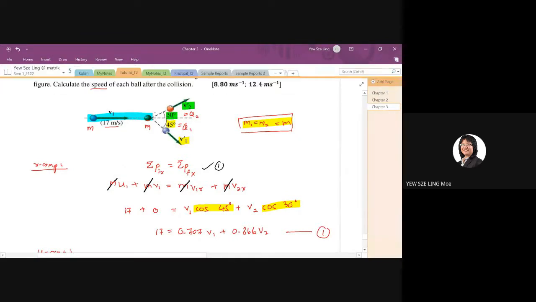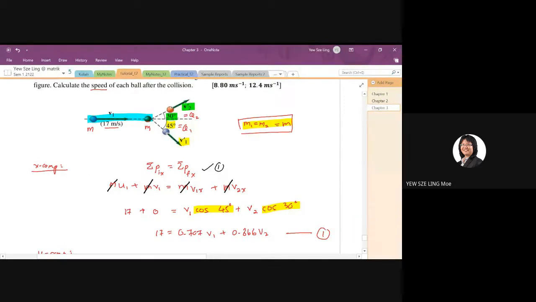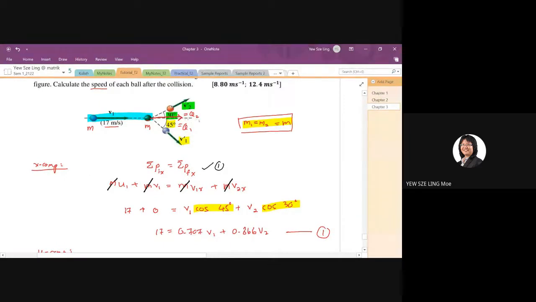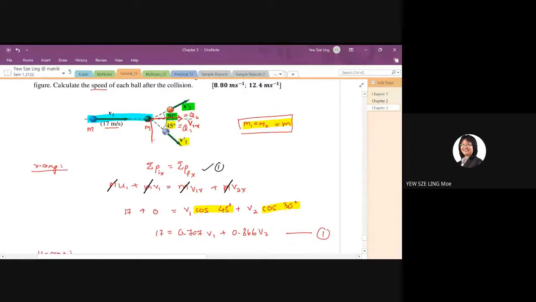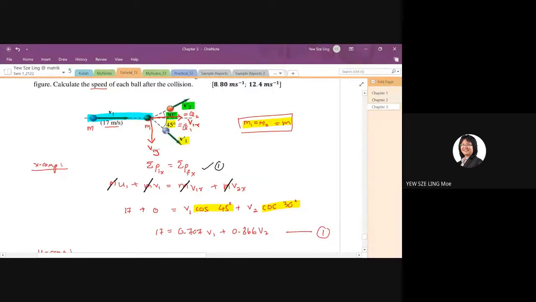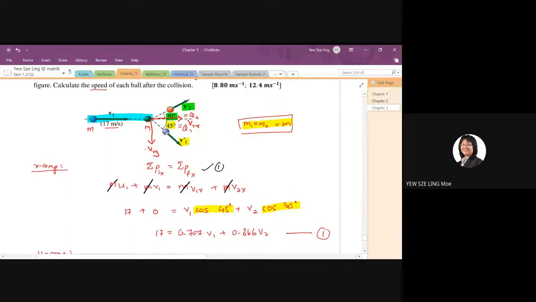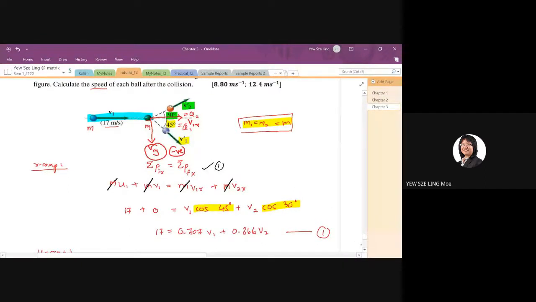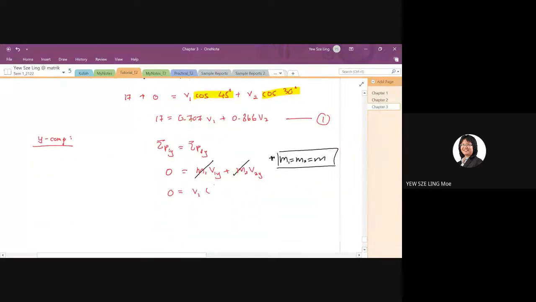I will get an X component going towards the right-hand side, V1x, and then a Y component going down. Which means this V1y is a negative value. Therefore, I'm going to put a negative sign here.